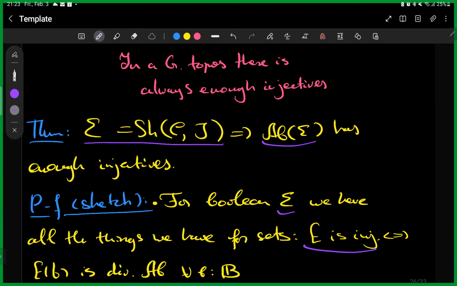I just stated that there is a characterization of injective objects as sheaves such that their values on each object is a divisible abelian group. And now we will basically use the fact that in abelian groups there are enough divisible abelian groups to embed an arbitrary abelian group into a divisible one.